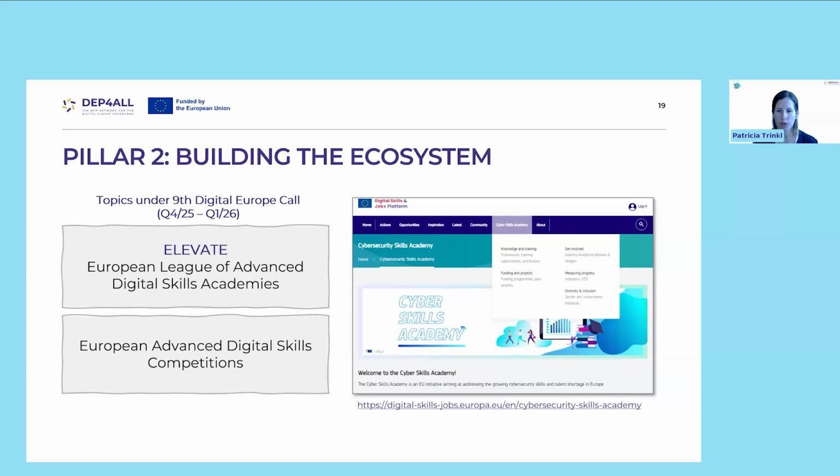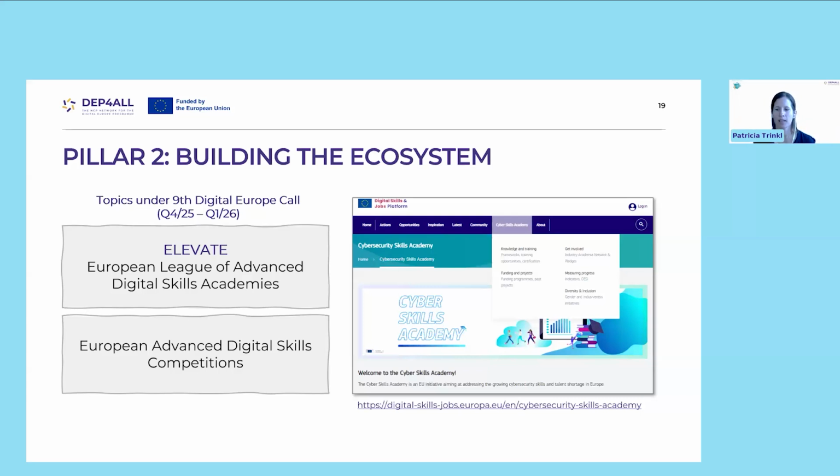So the first one is the so-called Elevate topic. It's the European League of Advanced Digital Skills Academies. Within this topic, the project will develop a framework for a certification mechanism of modular learning credentials and provide a seal of excellence for the advanced digital skills trainings. This is acting as an umbrella action at the European level. The League aims to enhance the coordination and collaboration among the sectoral initiatives and projects, to foster synergies and to provide a collective approach in order to minimize the fragmentation risks I talked about in the beginning.